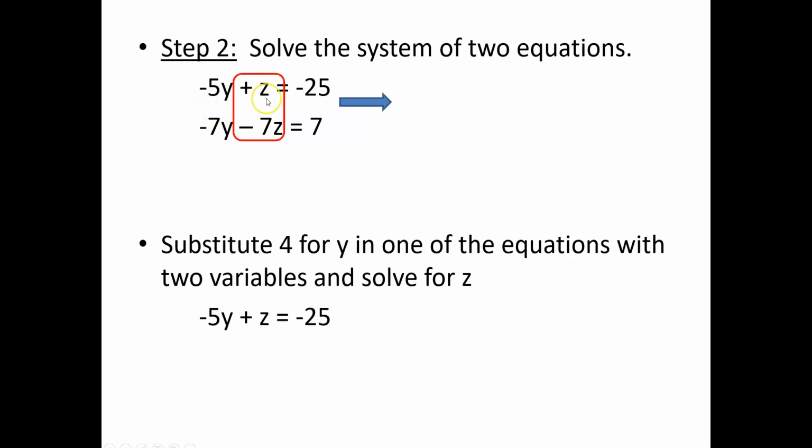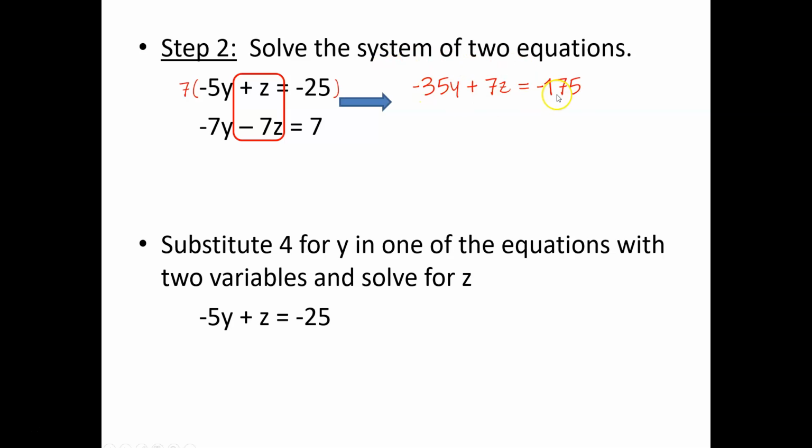So what do we have to multiply to get the opposite of -7? We have to multiply by +7. When we do that, we get -35y plus 7z equals -175.